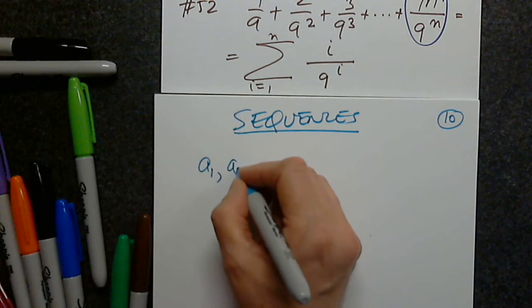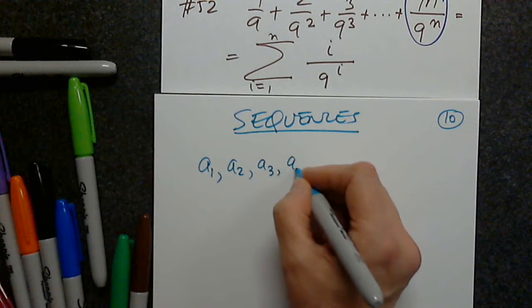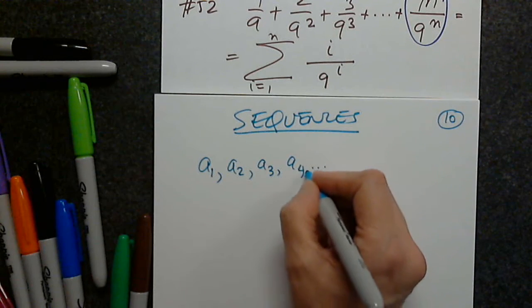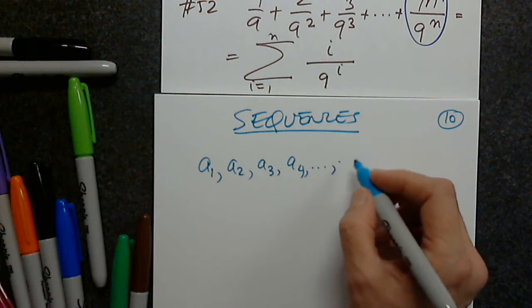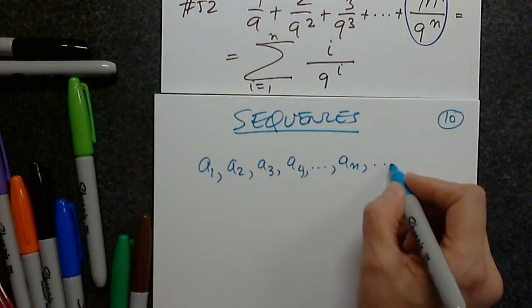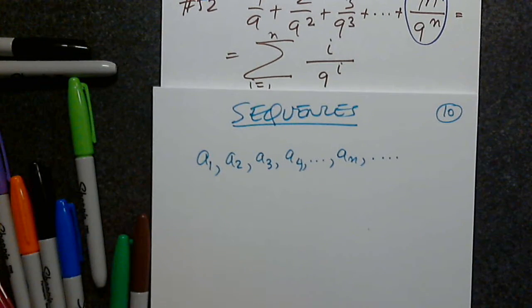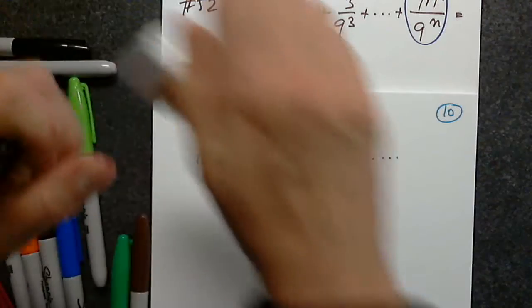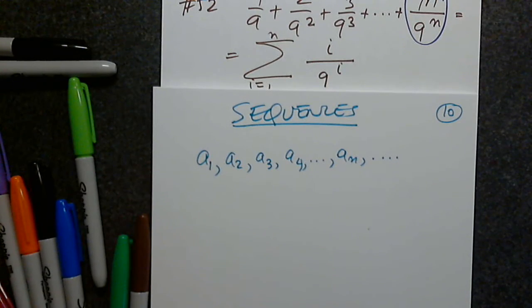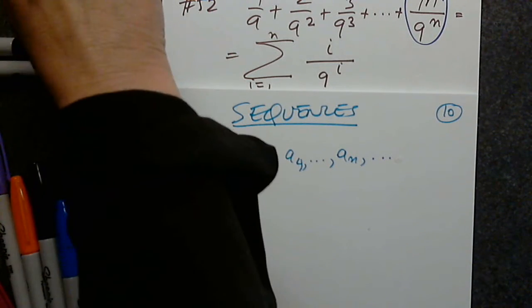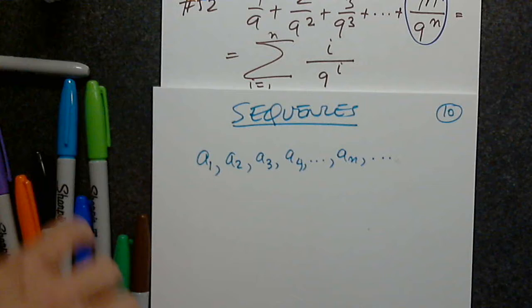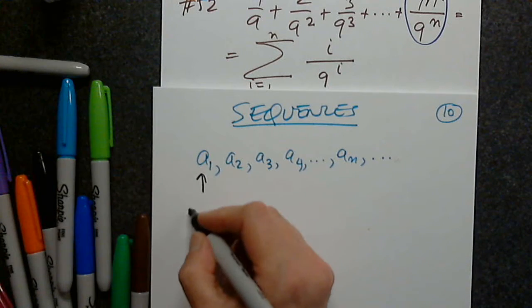A sub 1, comma, A sub 2, A sub 3, A sub 4, dot, dot, dot, A sub n, comma, dot, dot, dot. Normally we only use 3 dots, so don't put 4. By convention, we only use 3. I got carried away. Okay, so this is the first term of the sequence.